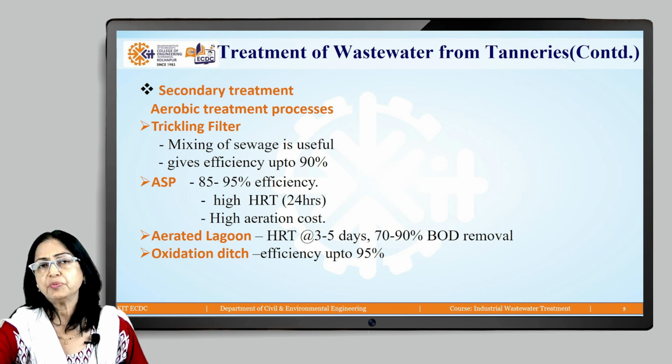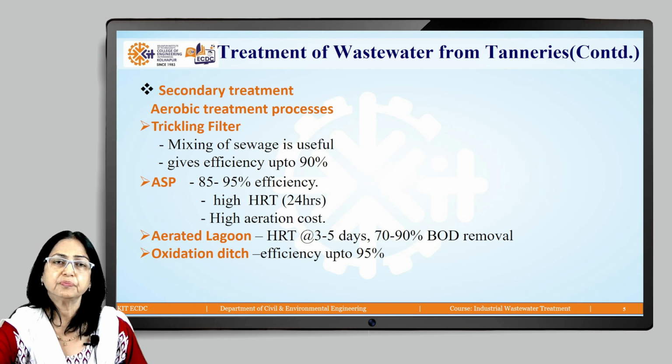Various aerobic treatments suitable for treating wastewater from tannery include trickling filter with mixing of sewage. Efficiency up to 90% for BOD reduction is achieved. Activated sludge process, 85 to 95% efficiency, but the HRT required is once again high, 24 hours.